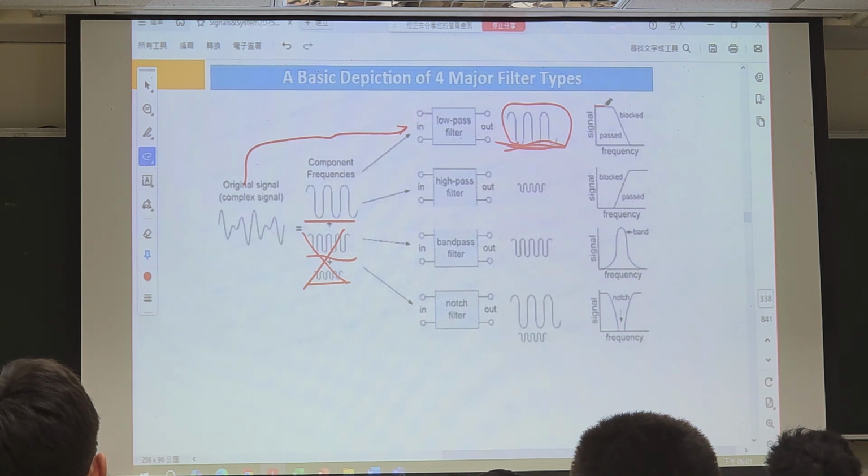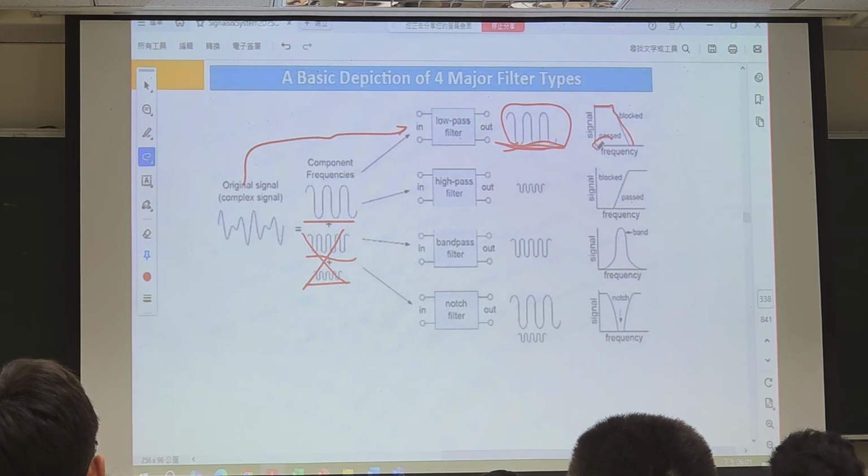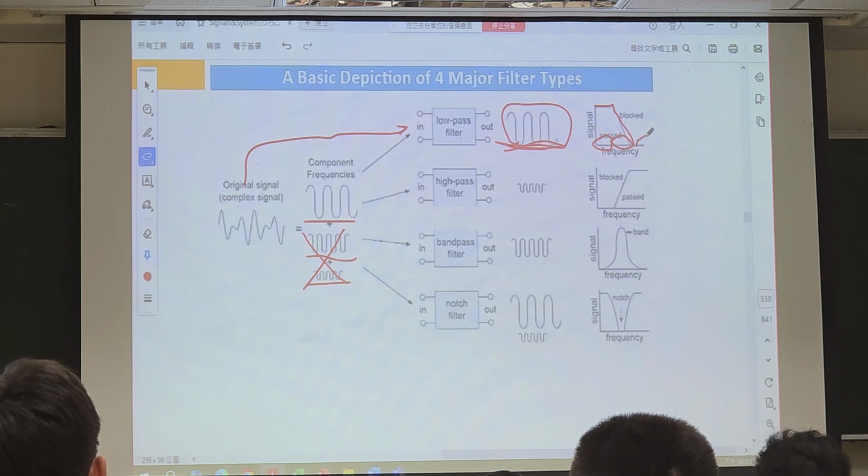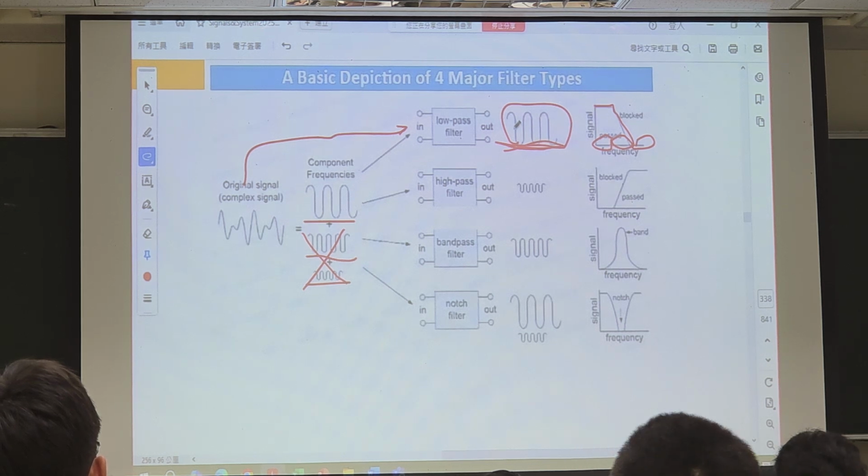This is the frequency response of the low pass filter. This region corresponds to low frequency, this region corresponds to middle frequency, and this region corresponds to high frequency. So if I use a low pass filter, only the low frequency component can pass. The other components will be attenuated.